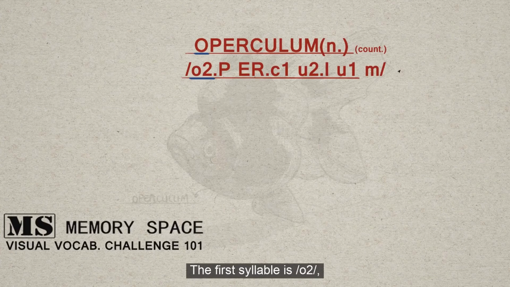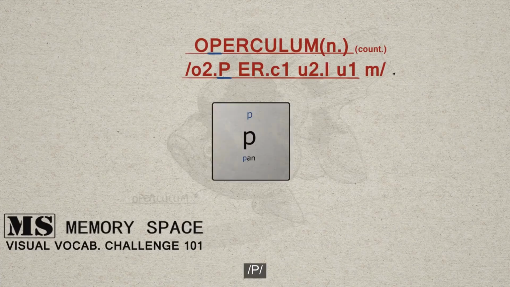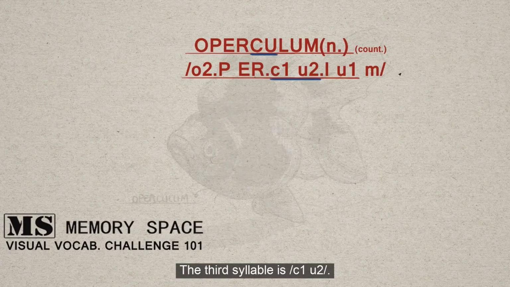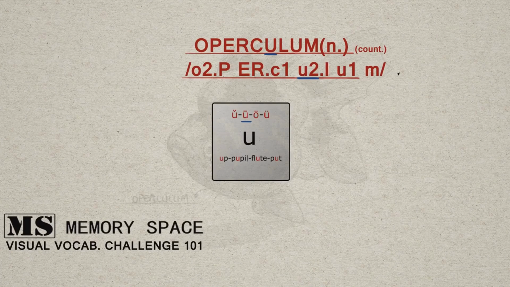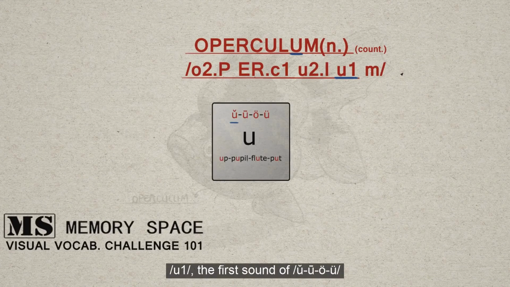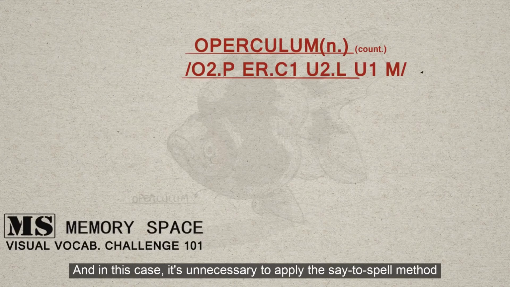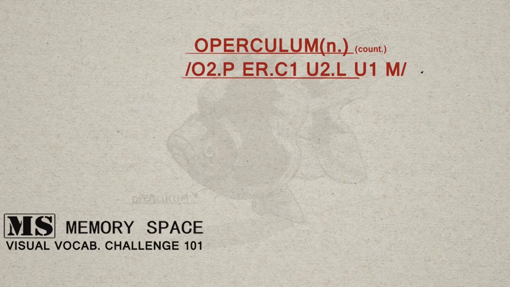The first syllable is o, the second sound of O. The second syllable is per, the E controlled by R. The third syllable is cu, the first sound of C, the second sound of U. The last syllable is lum, the first sound of U. In this case, it's unnecessary to apply the say to spell method, since the vowels in the unstressed syllables are already reduced or retain their original sounds.